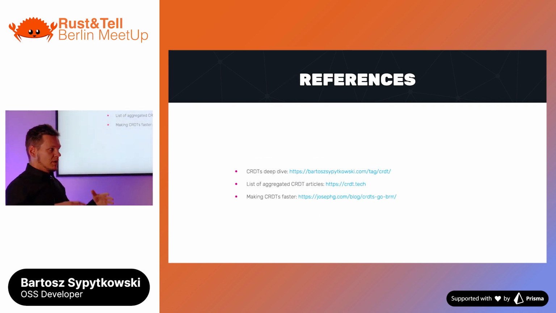And if you want to learn more about CRDTs themselves, I've created, over several years, I think over 15 different blog posts. Usually they have 3,000 to 6,000 words, so they are pretty big. And if you want a tutorial, this is it. I've described everything you would want to have to get started with.